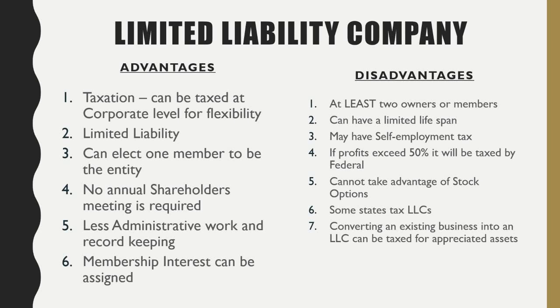And then again, you could elect one member to be the entity, meaning, because it's a cross with a partnership, and when we learned about partnerships, you can have one general partner for the limited liability partnership, right? This also plays into key factors, saying you can elect one person to be the company, right?